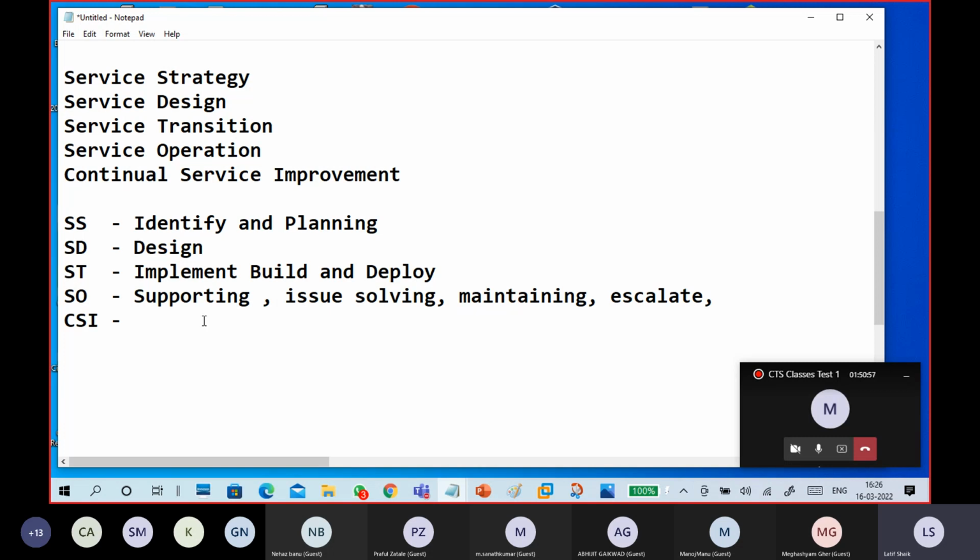Okay, continual service improvement. What is this service improvement kind of stuff? We'll see once again. Continual service improvement supports the life cycles, it sits above the life cycles.